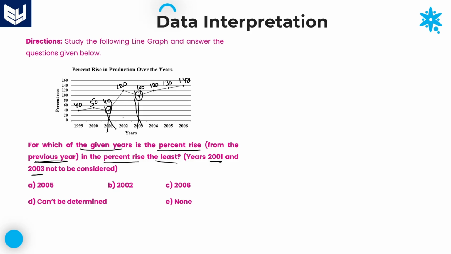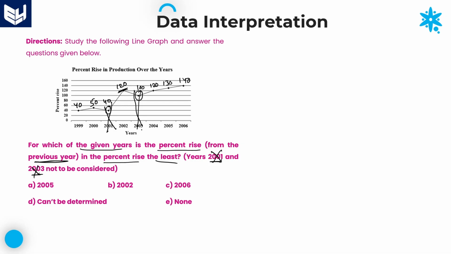See, for 2001 compared with the previous year, the value decreases. Because of that reason, he is saying that 2001 is not to be considered, and 2003 is the same thing. 2003 compared with the previous year, this is 120, this is 100. That is a decrease.